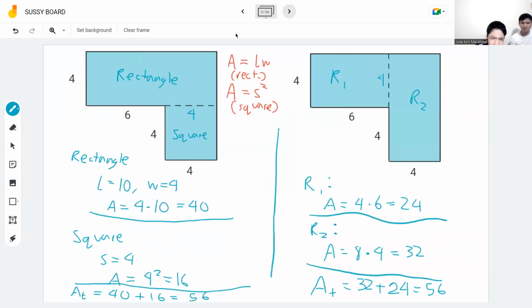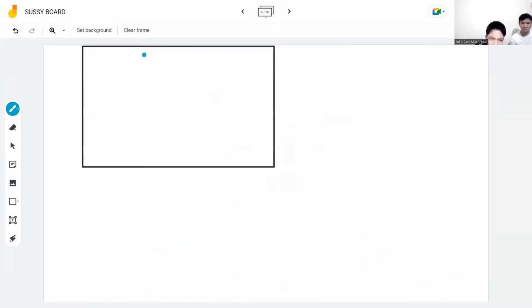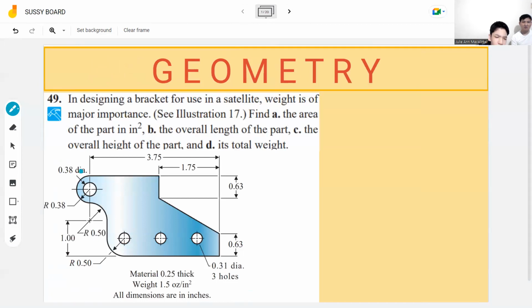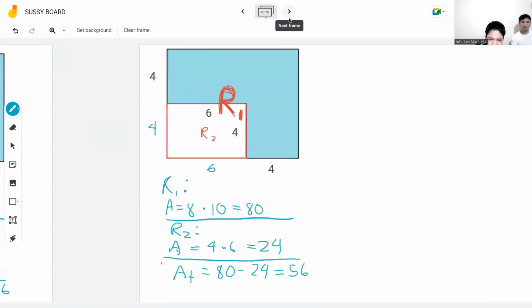So in this big rectangle, there is 0.38, and then there's another 0.38, because there are two radii for the diameter. And then this other circle has radius 0.50, so there's a 0.50 and there is a 1.00 after the 0.50. Remember that. So 0.63 and another 0.63. This is 3.75. So keep that in mind again.